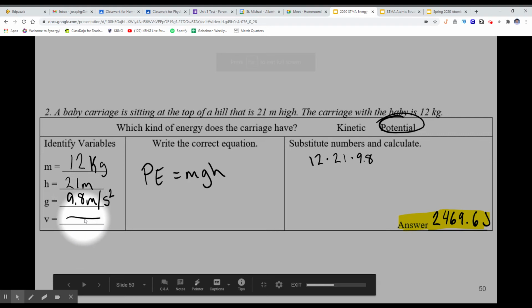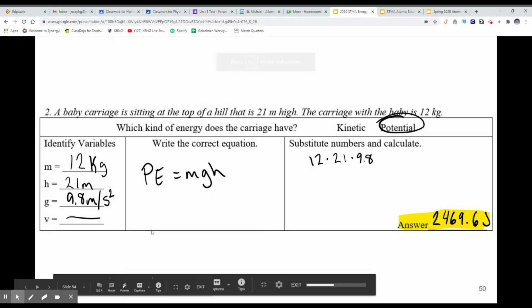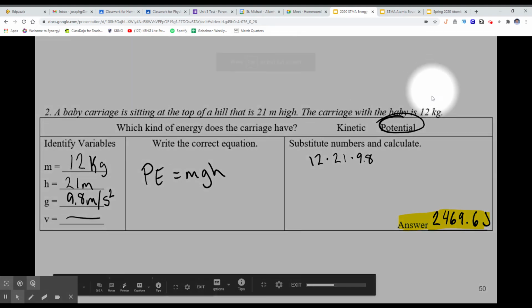It doesn't give us a velocity, and that's fine. We just don't use it. Velocity would only be used in kinetic energy problems. So obviously it has potential. So we write out our potential energy equation: mass times acceleration due to gravity times height. All of those numbers are there, and I did a bad example because I didn't put the labels here.